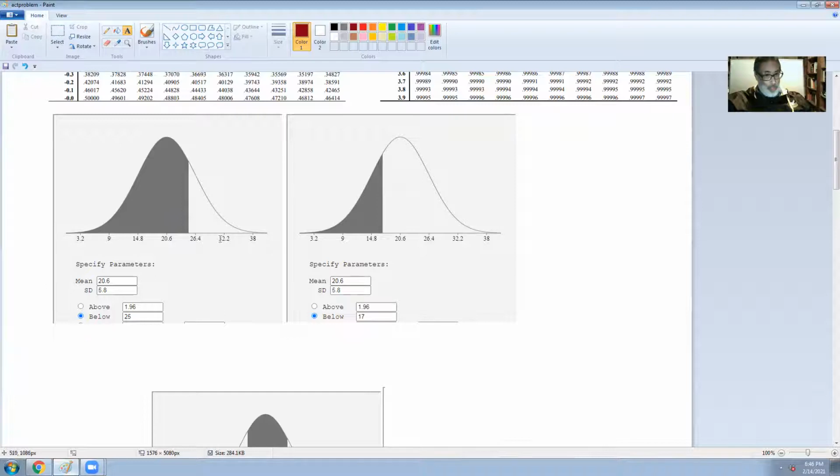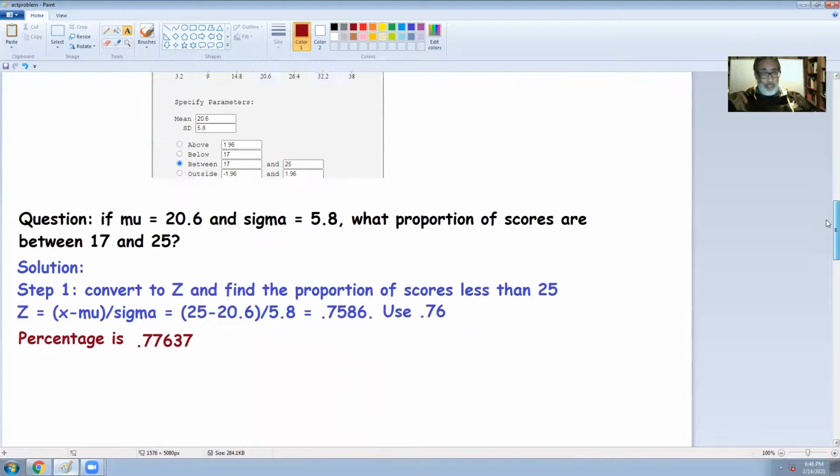Remember, the scores are going to be on the x-axis here, or z-axis. It includes scores like 17 and 16 and 10 and 9.6 and whatever. It includes a lot of scores under 17. So we have to modify that. The way you do that is we compute the proportion of scores that are less than 17.